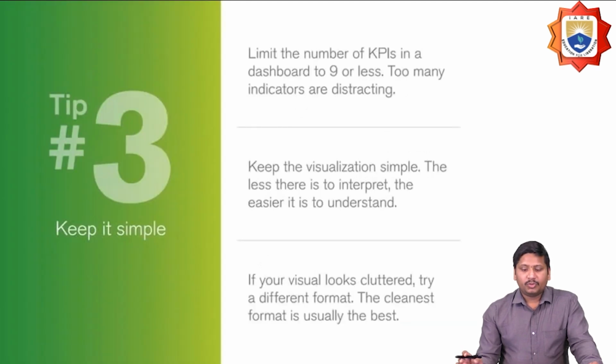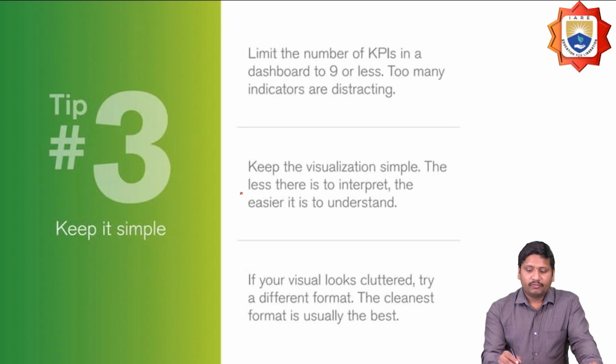So what are the tips we have to follow to keep it simple here? Limit the number of KPIs in a dashboard to nine or fewer, because too many indicators are distracting, and keep the visualization simple. The less there is to interpret, the easier it is to understand.